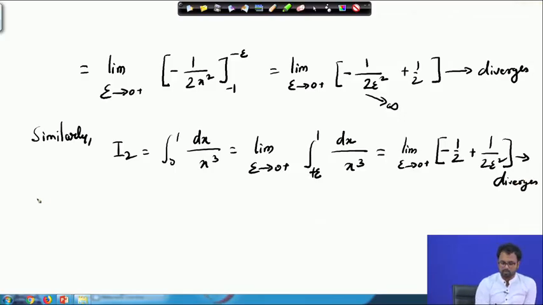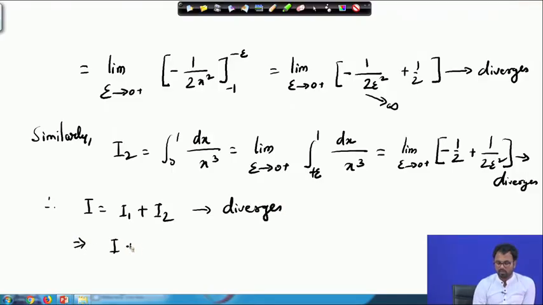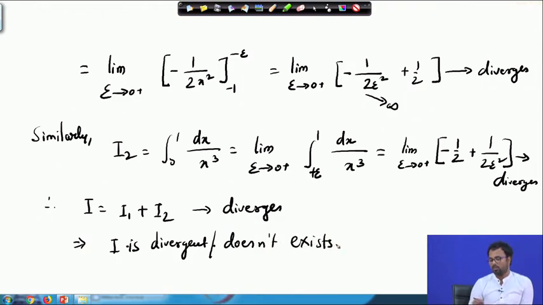So therefore our I equals I1 plus I2, they are both divergent, and this implies that our integral I is altogether divergent, or it does not exist. All right.